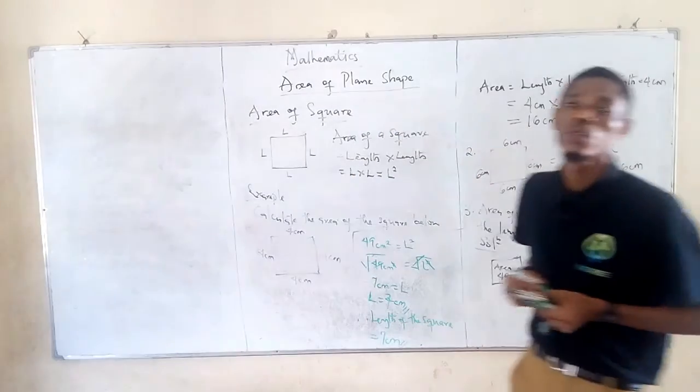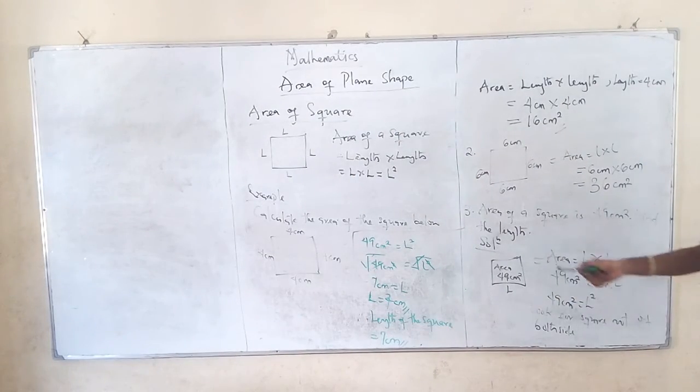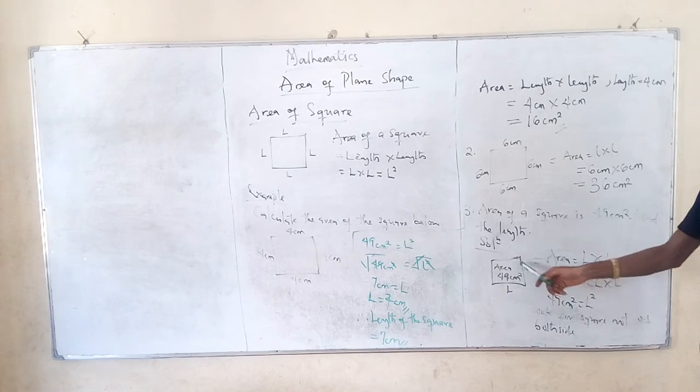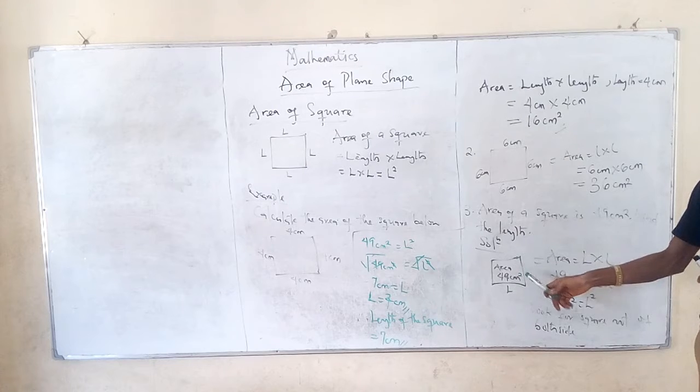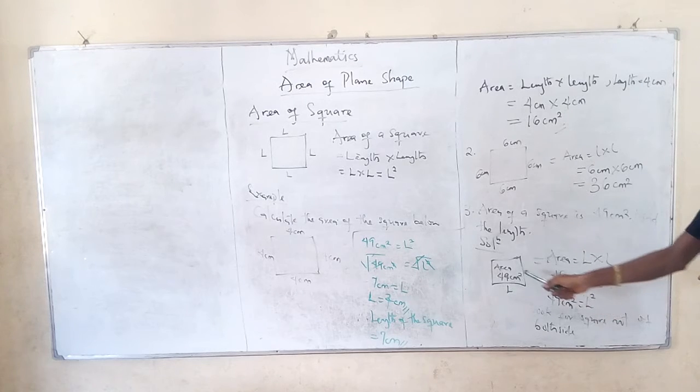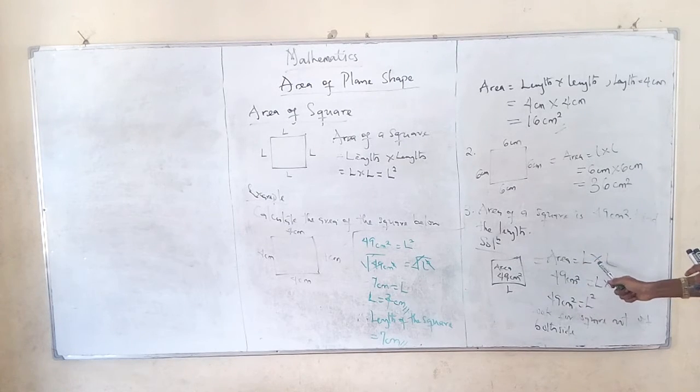Very simple. So assuming we're given the area of the square to be 49 and we're asked to calculate the length, we already know the formula for area is length times length. And we're given the area to be 49 centimeters square.